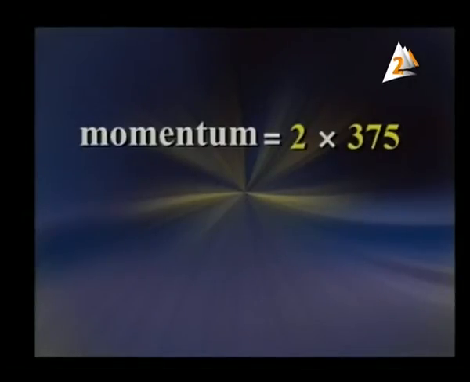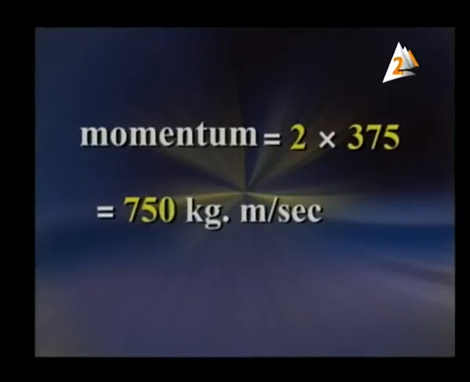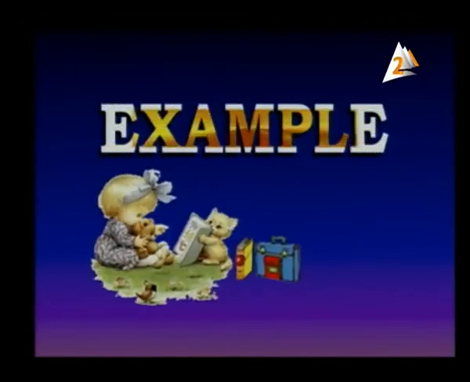So momentum equals 2 by 375 equals 750 kilogram meter per second. Now let's go to a new example.